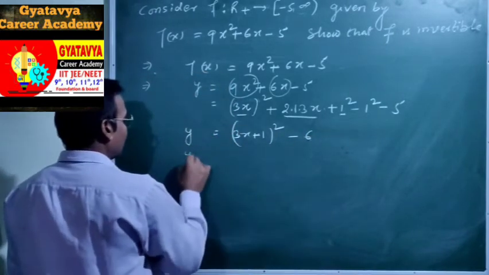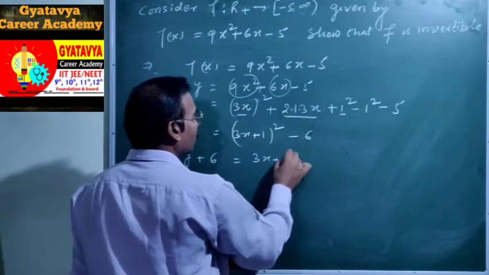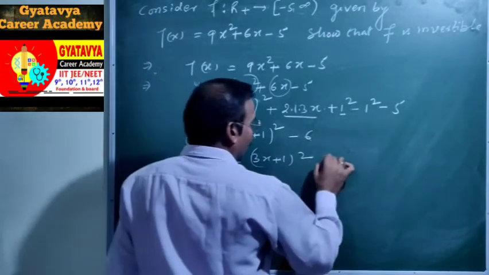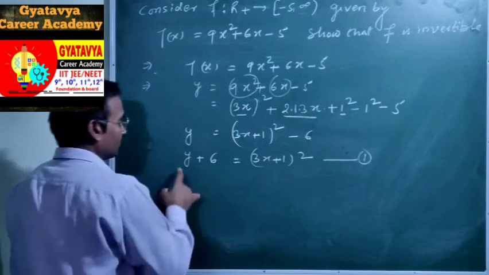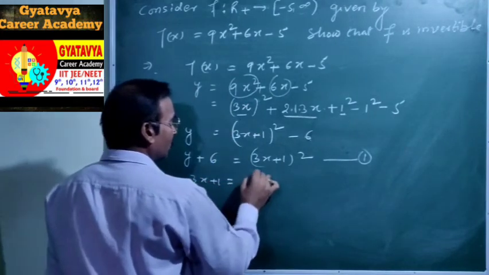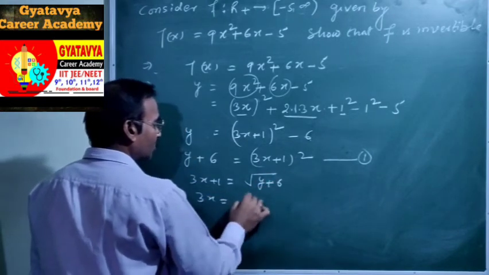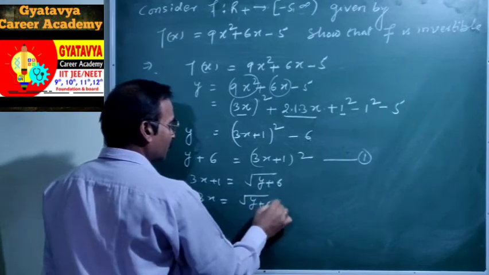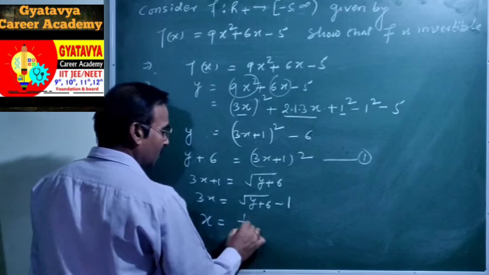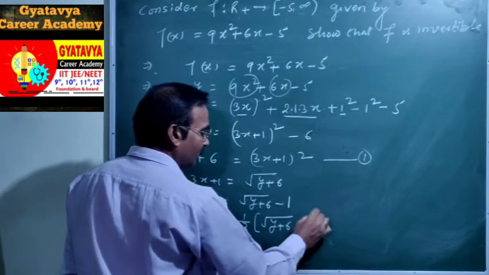Now transfer it. y plus 6 equal to (3x plus 1) whole square. Now take the root: 3x plus 1 is equal to root of y plus 6. So 3x equal to root of y plus 6 minus 1. So x equal to 1 upon 3 times root of y plus 6 minus 1.